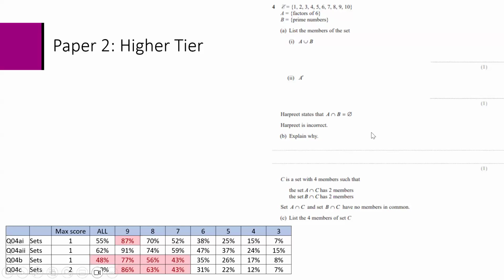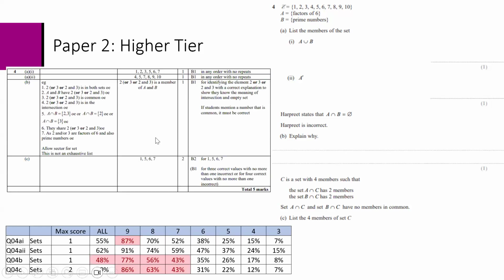I think it's that students struggle to interpret these questions. They get lost in what they're doing. A good way to practice that in class, and I have put the mark scheme up for benefit here, is getting students to do a verbal explanation of what this means. Certainly, I see students struggling with A prime, not A, on a regular basis across papers at all grades.